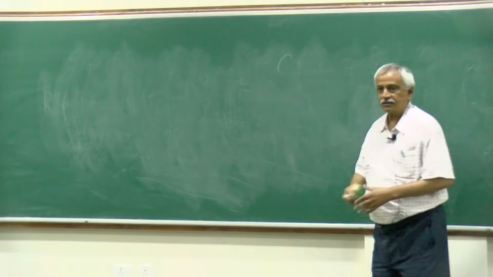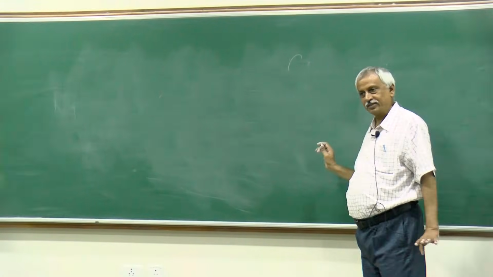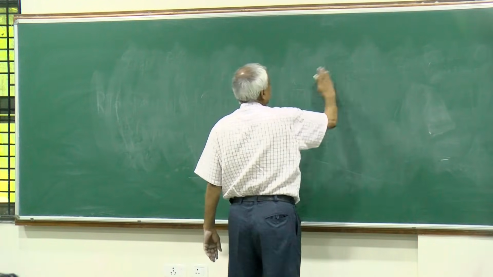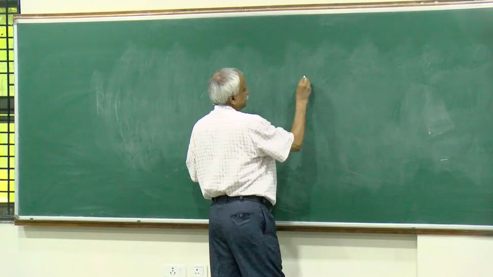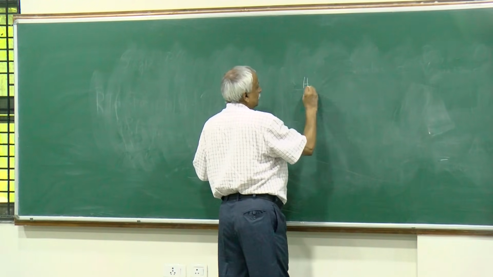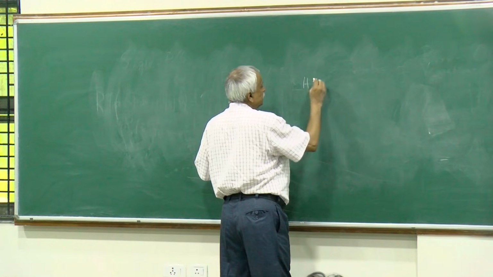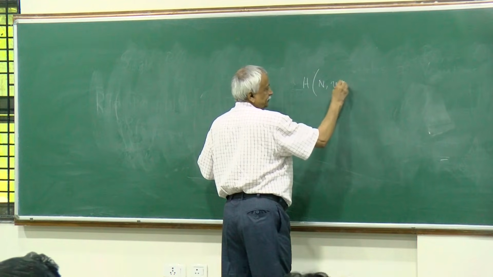So the question is, whatever I have done so far, I assume that the density contains all information. So you can see the Hamiltonian is completely characterized by two quantities, N and V(r).